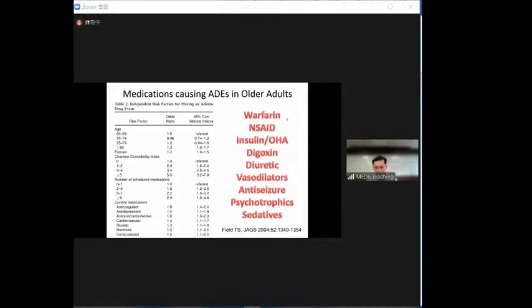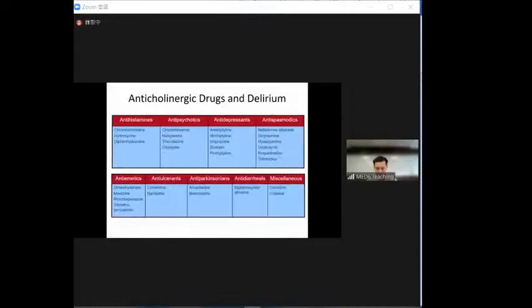The use of warfarin or maybe even the direct oral anticoagulants, NSAID, aspirin, oral hypoglycemic agent, insulin, diuretics, calcium channel blocker, nitrate, the anti-seizure, antipsychotic, and sedatives. So these mainly cover the cardiovascular and also the CNS drugs. These are the main drugs causing problems.